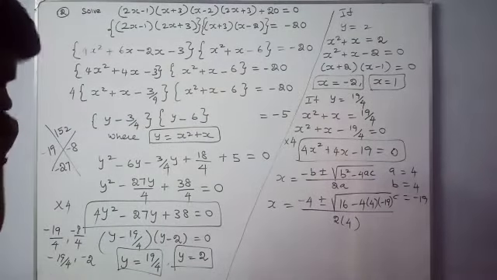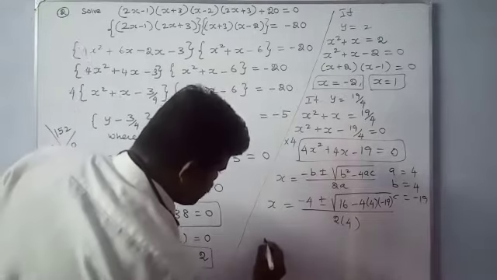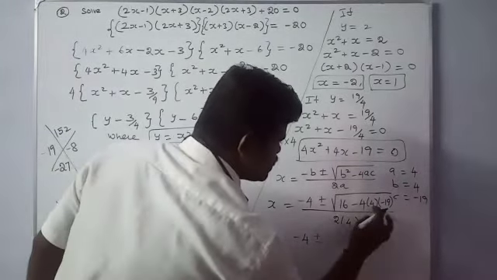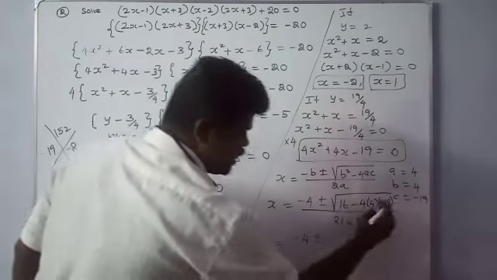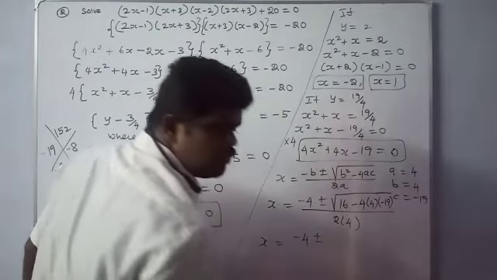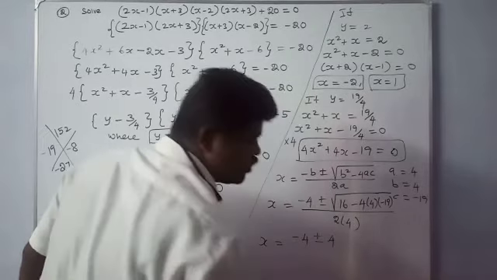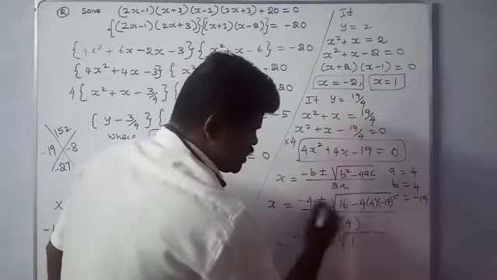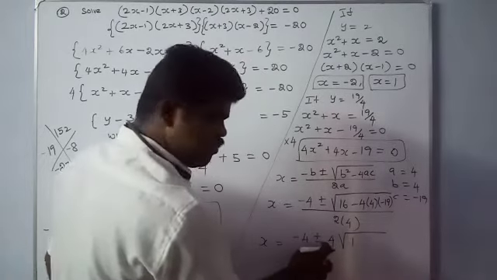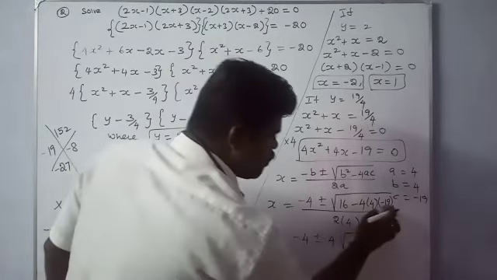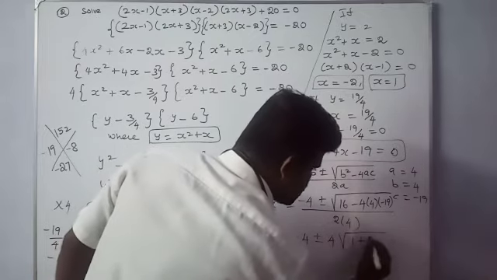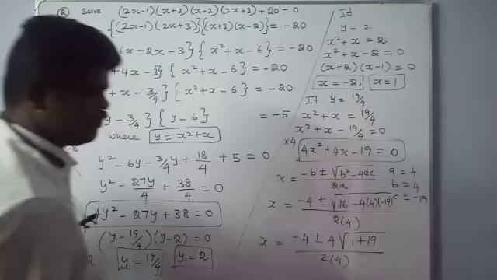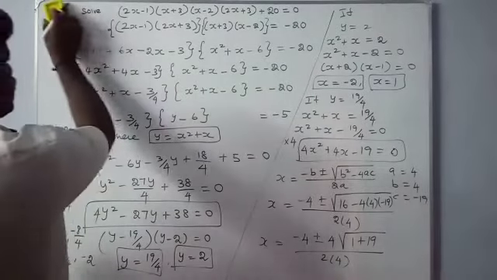Okay. Now x is equal to minus 4 plus or minus, taking 16 and 16, take 16 outside from the root, it will come 4, and the root of 1 is there, minus of minus 19 is plus 19, divided by 2 into 4.